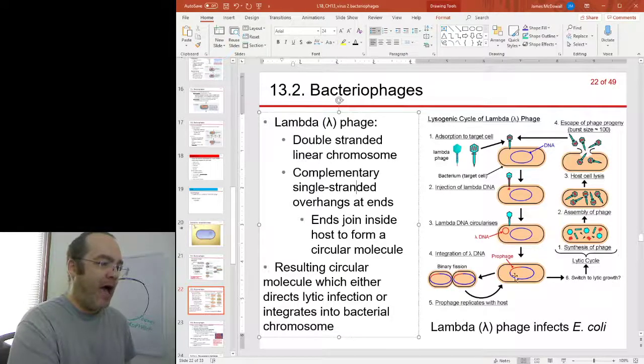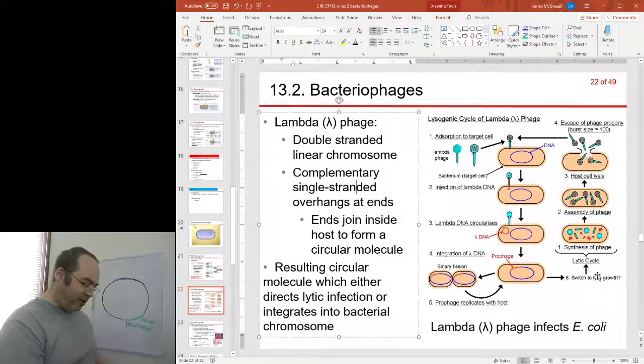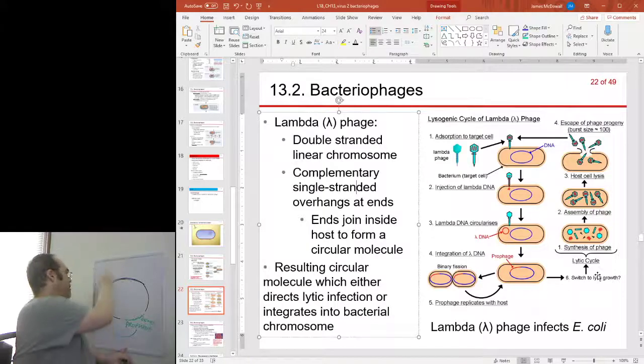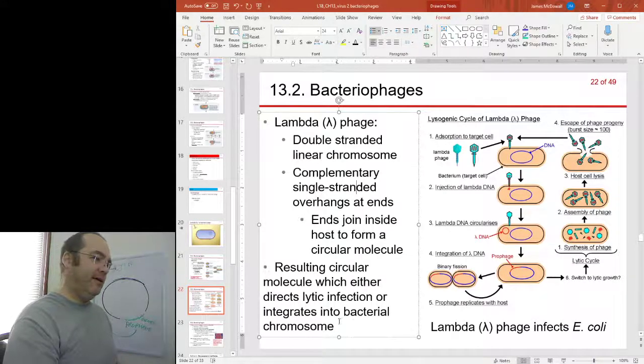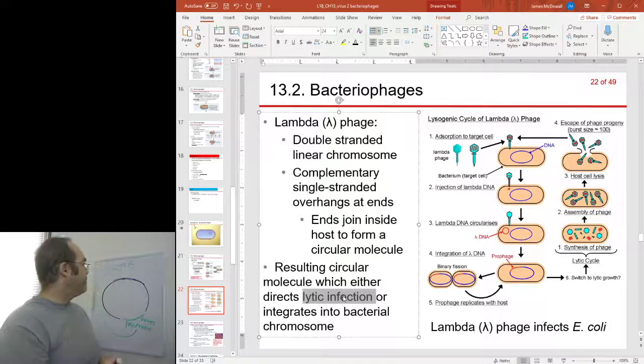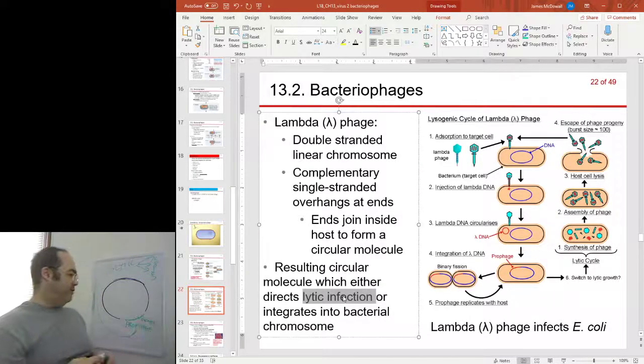So our lysogen, our cell with the prophage, if the cell gets damaged in particular, the prophage can snip itself out and start into the lytic infection, where the purpose is to make lots and lots of copies and escape the cell.